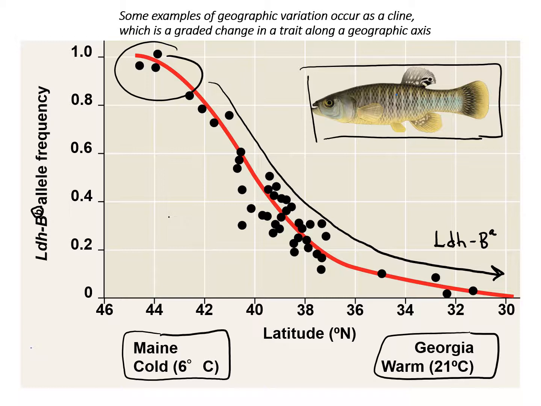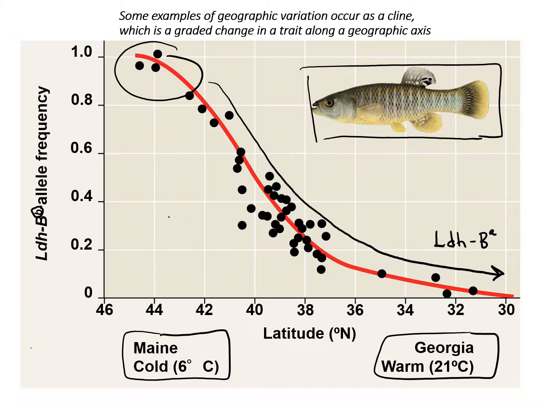And so when lichens don't grow on trees, you tend to see the dark colored bark.